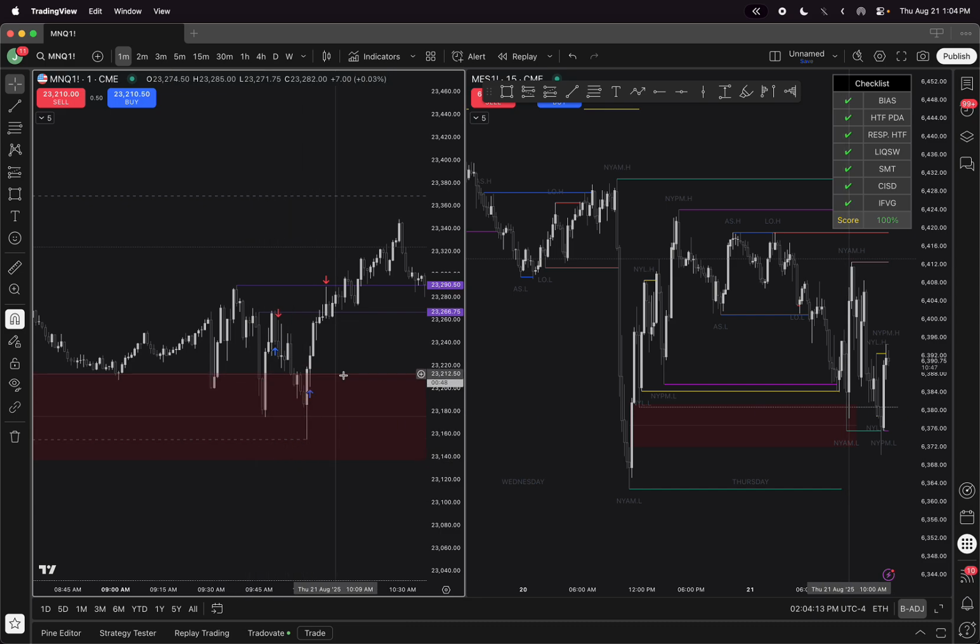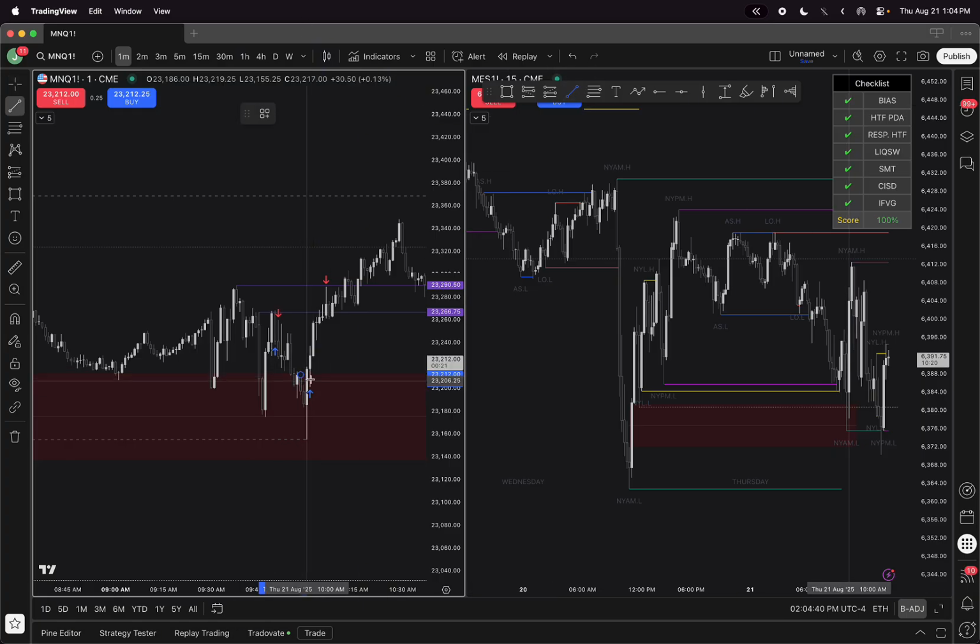My model consists of a CISD, and in this checklist, we didn't have bias today because bias strictly wasn't bearish, and we kind of see that whenever we tap into this level here, we just bleed from there. After that, we respected the high time frame PD array, and then we swept liquidity across multiple ranges. From there we created SMT, and then on the 1 minute I did see this CISD right here.